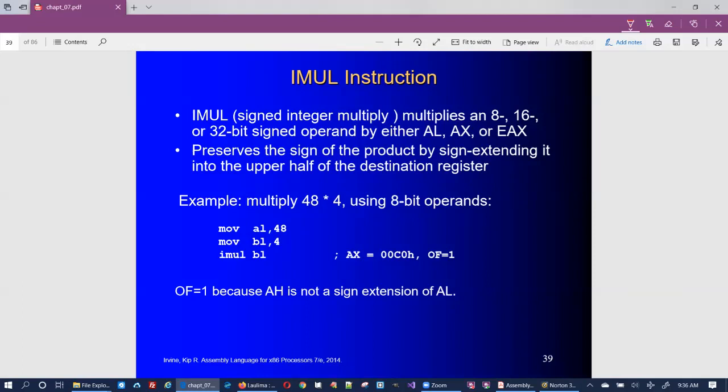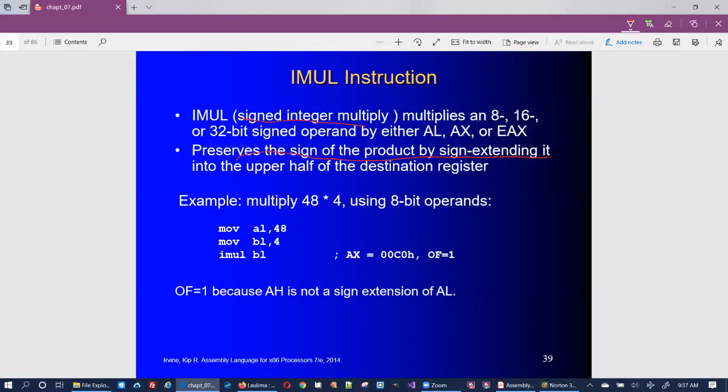The IMUL instruction is like the multiply instruction, except it does signed values, with the same kind of format. It just preserves the sign of the product by sign extending it. So it's smart enough to know that if you multiply a negative by a positive, you get a negative.